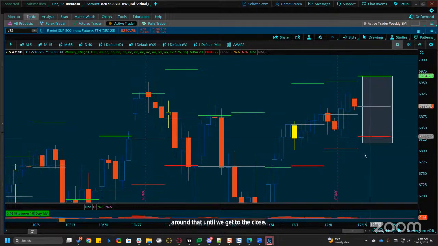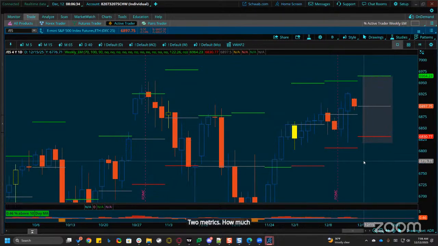These ranges are based on two metrics. How much time are we measuring, and how much volatility are we measuring? Typically, it's a 5-day week, and so this week and the previous week, that's what we would expect, 5-day week. So if the range isn't the same and we have the same amount of days, then it must be volatility that's different.